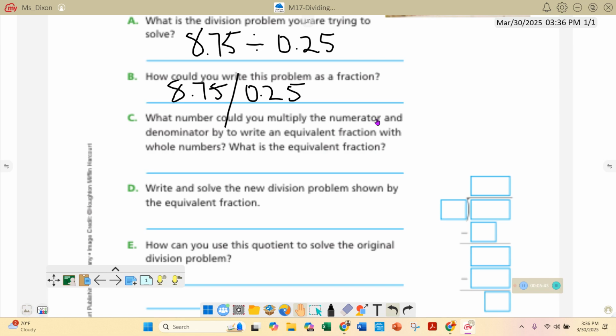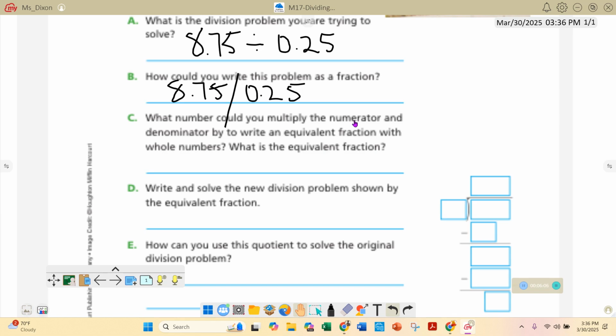You cannot multiply your numerator by one number and your denominator by another number and have it be an equivalent fraction. If your numerator is going to change, your denominator is going to change. If your denominator is going to change, your numerator is going to change. So you have to make sure you multiply both by the same digit.